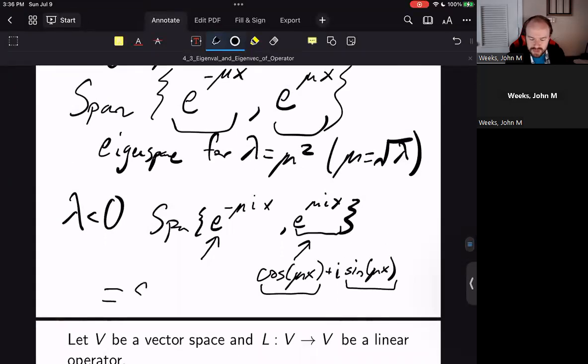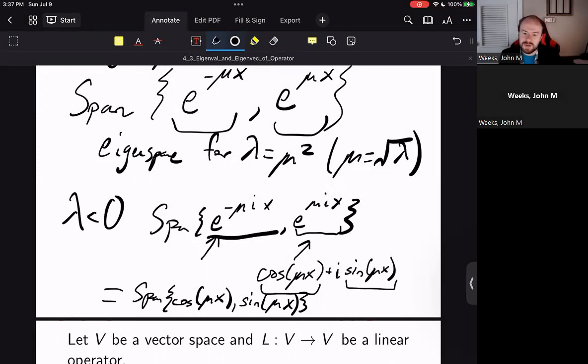So this is really equal to the span of cosine of mu x and sine of mu x, because this is a linear combination of two more basic functions than the ones that I have written out here. Cosine mu x and sine mu x are what both of these functions can be written in terms of, and this just looks a little bit simpler.